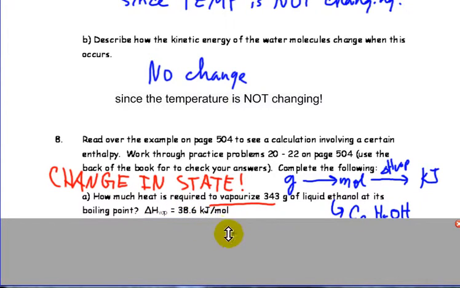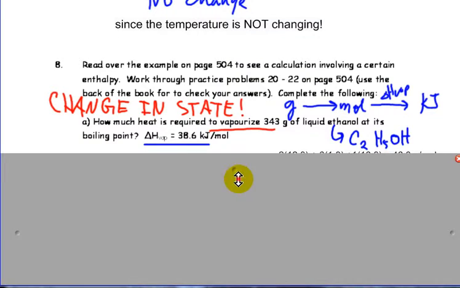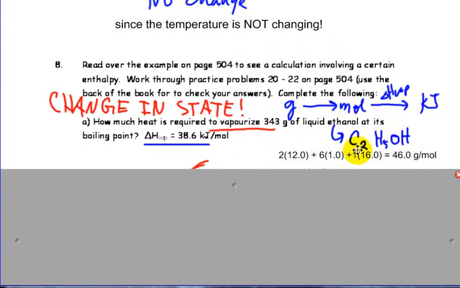In order to use that, of course, kilojoules per mole, I'm given grams, so I have to convert from grams to moles first of all, and then I'll be able to use that enthalpy of vaporization value. To go from grams to moles, I need to know the molar mass. Ethanol, C2H5OH, so there's 2 carbons, 6 hydrogens, and 1 oxygen. That works out to be 46.0 grams per mole.